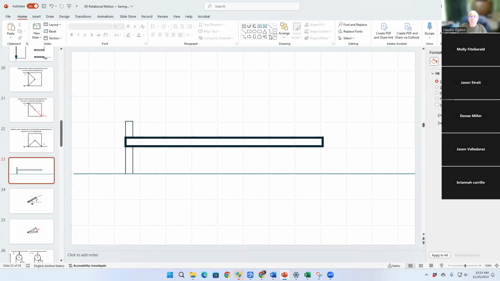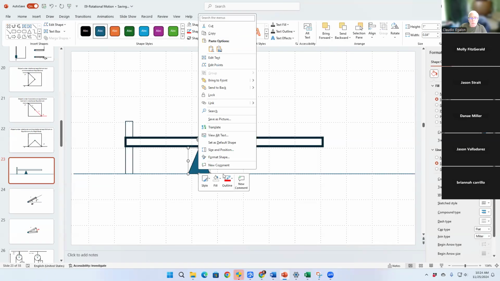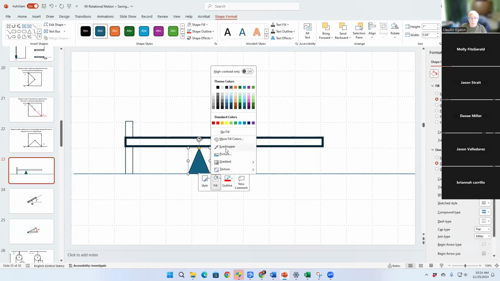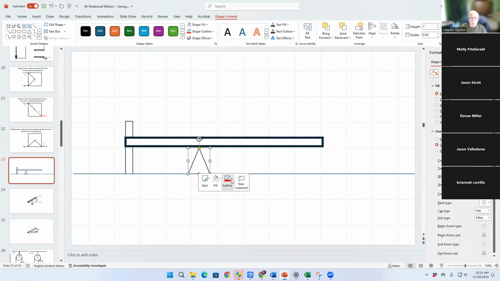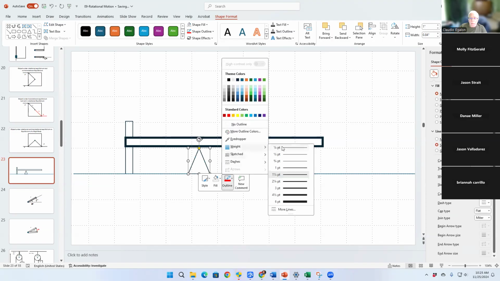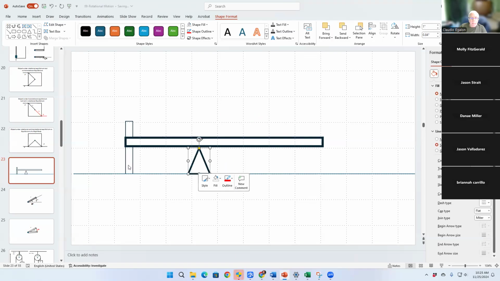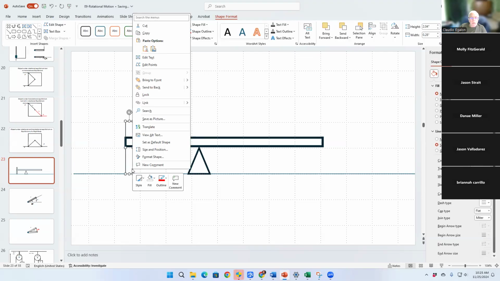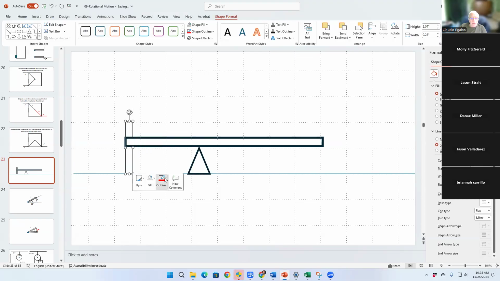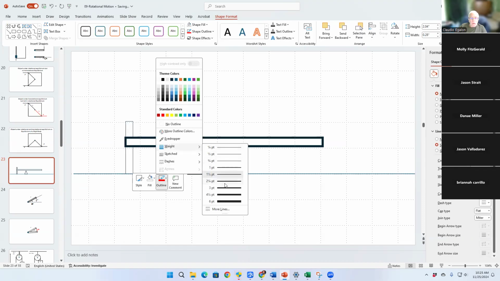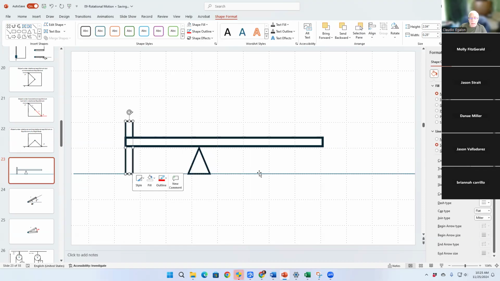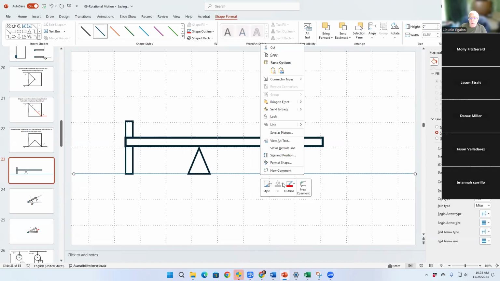We have a fulcrum. Make it thicker. Yeah, make it thicker so it looks nicer. And make this one thicker as well.